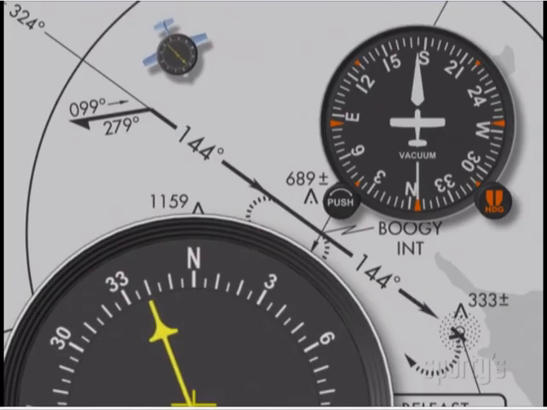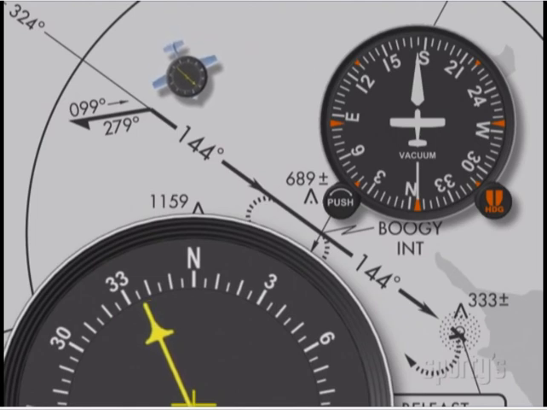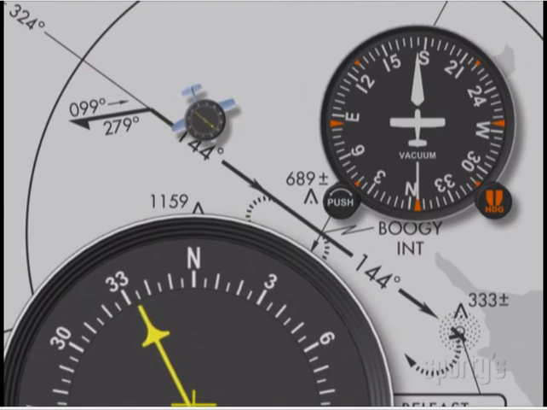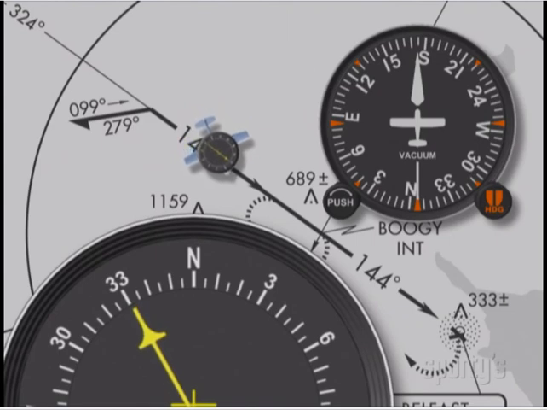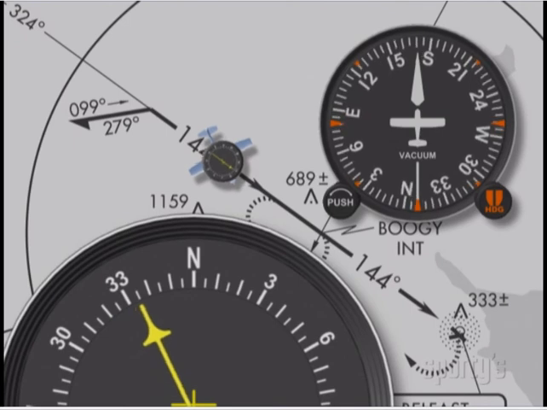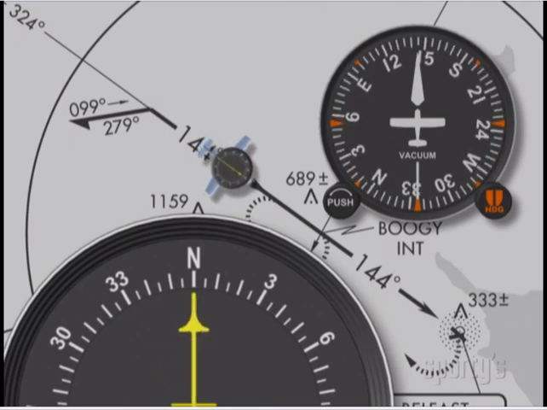If that were the case, you would fly a simple intercept of the inbound bearing using the procedure discussed earlier. Let's say that the controller assigned a heading of 175 degrees to intercept the final approach course. That's about 30 degrees off the final approach course. So you'd fly that heading until the ADF needle was 30 degrees off to the left of the nose, at which time you would turn inbound on final.